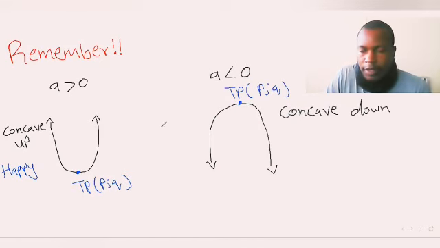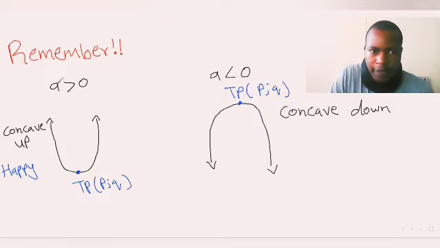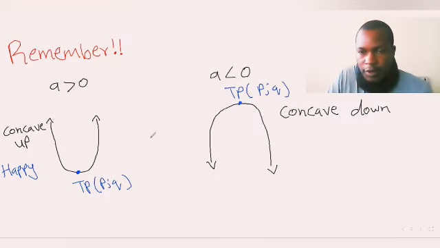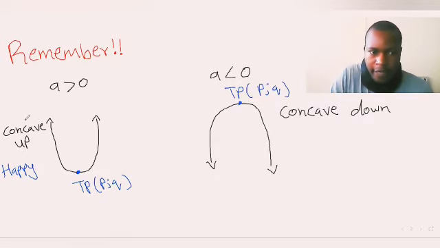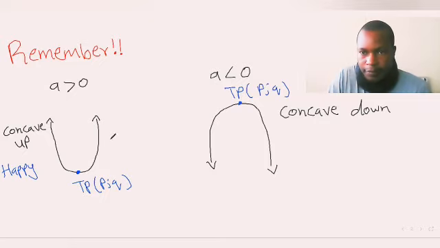So now how the A matters, remember that if A is greater than 0, so that would be a positive A, you will get a concave up. So that's a happy face, or rather a smile, if you may.